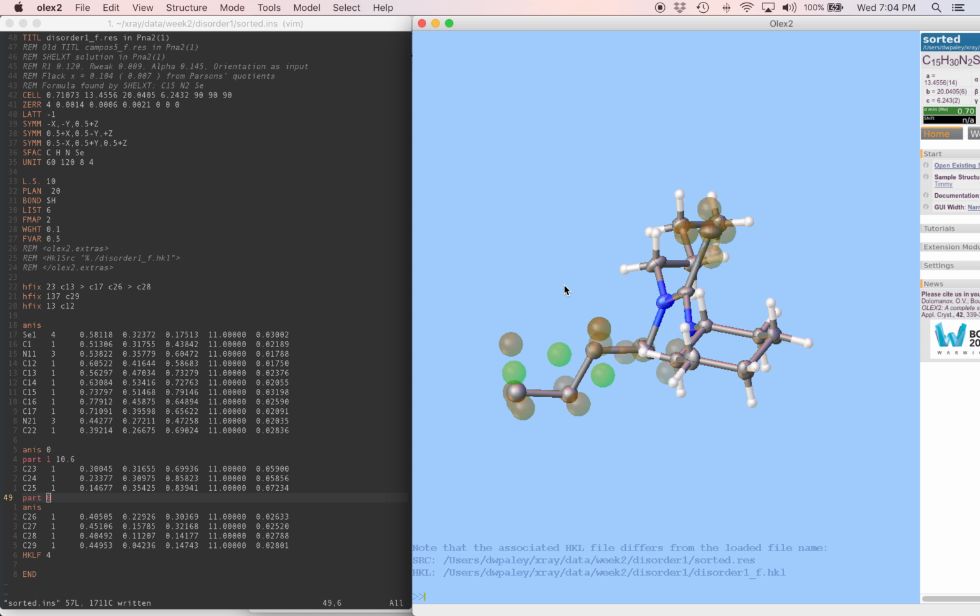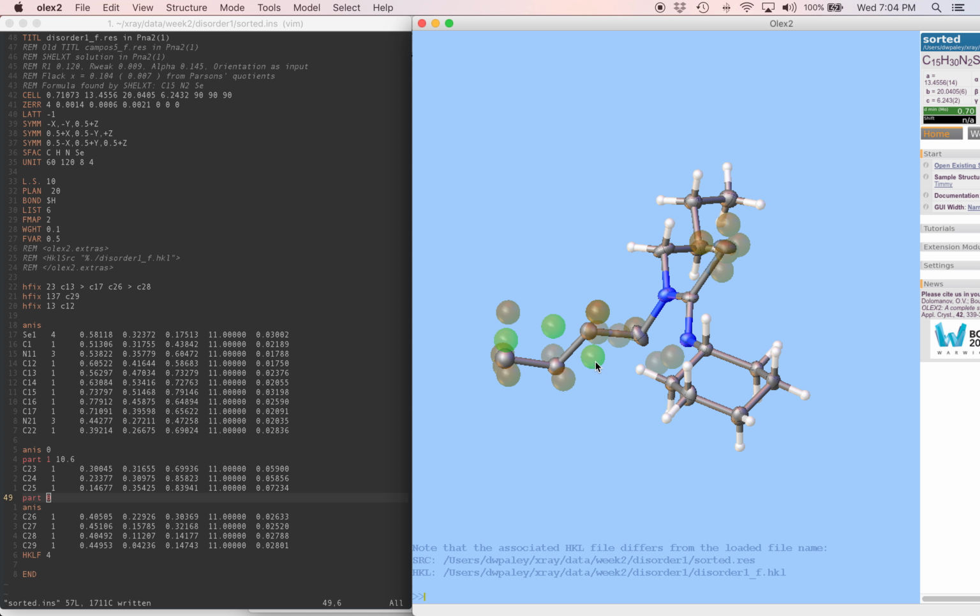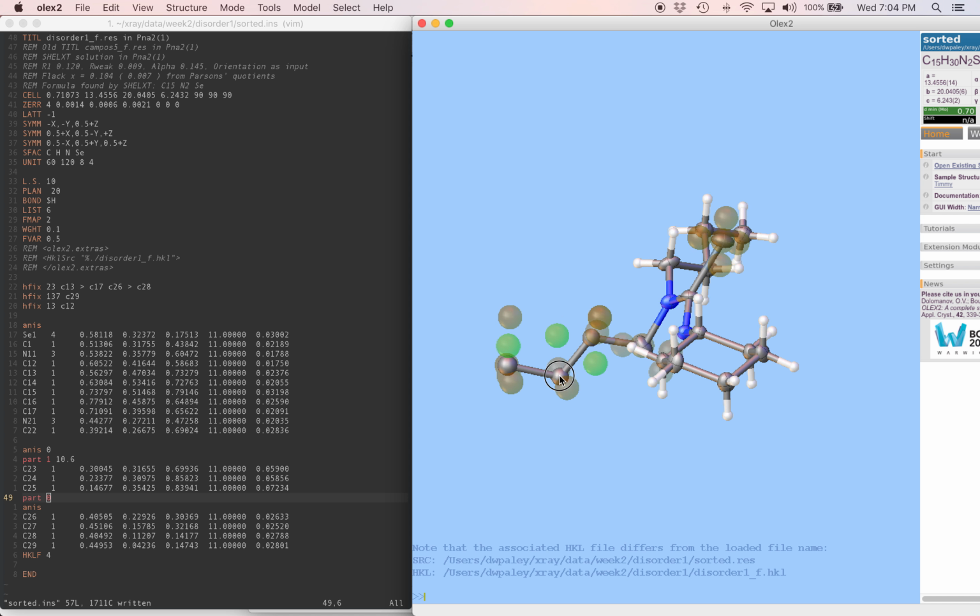Finally, this one, just kind of following a potential zigzagging conformation of the second chain. We can guess that maybe this is the second position of the terminal methyl group.